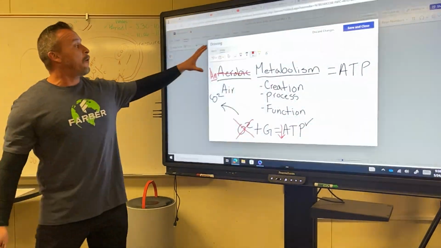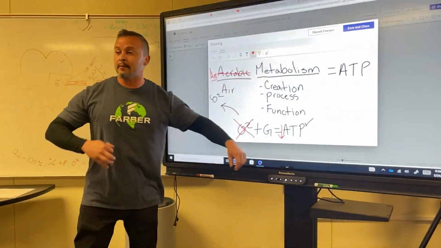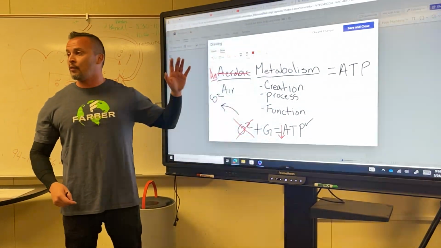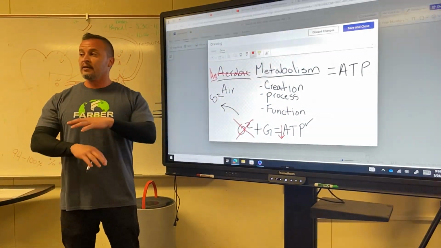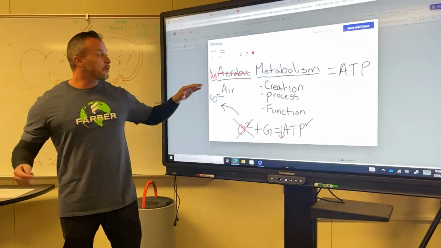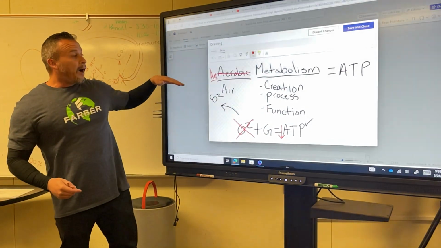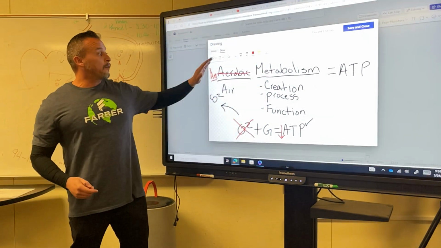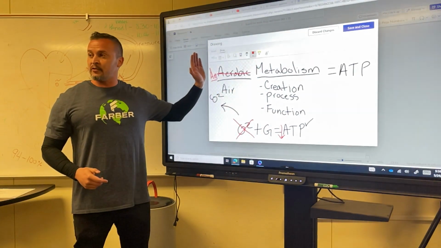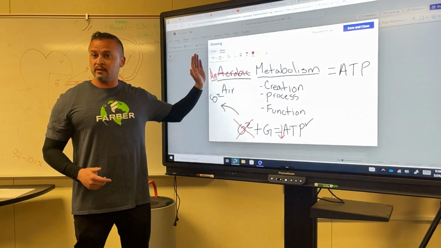Okay, so now if this is in process, we went from aerobic, the issue happened, whatever the issue was, a chopped off hand, a motorcycle accident, whatever the case may be. Now we switch from aerobic to anaerobic. So is the body going to function how it's supposed to function?